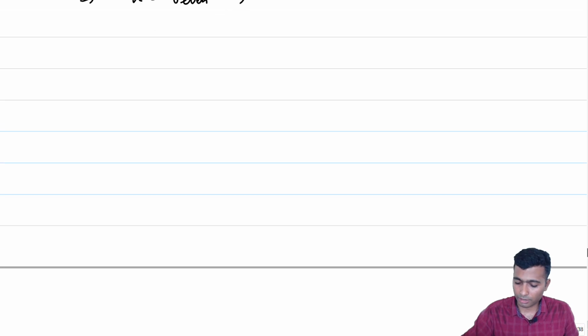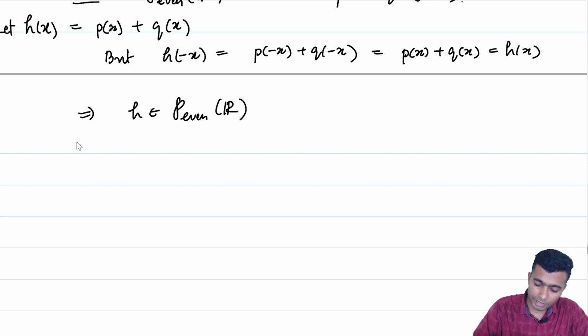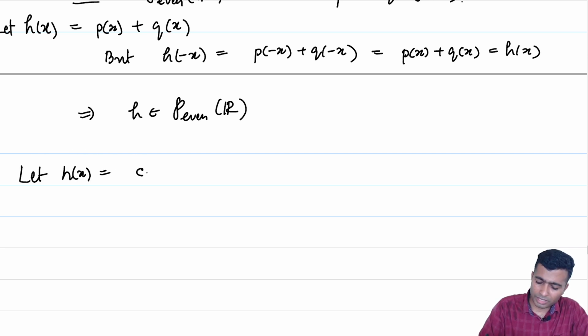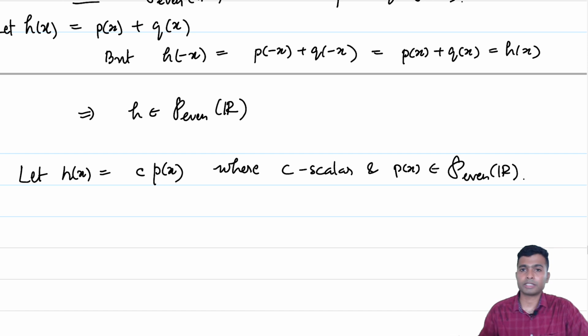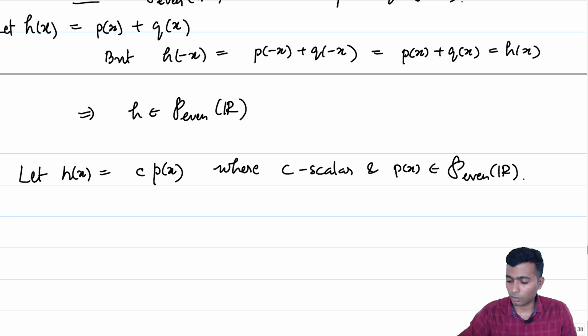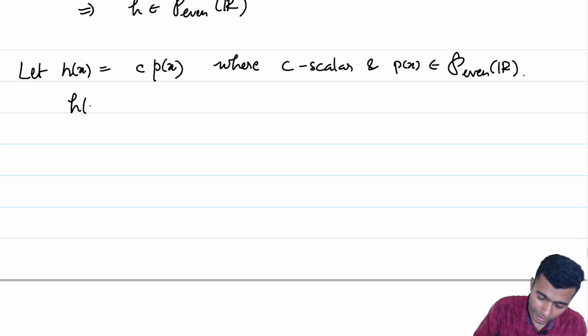And how about scalar multiplication? Is P even of R closed under scalar multiplication? Let c be some scalar, let h of x be equal to c times some polynomial p of x, where c is a scalar and p of x is in P even of R. Let us check whether h is now in P even of R. So, to do that, what is h of minus x?